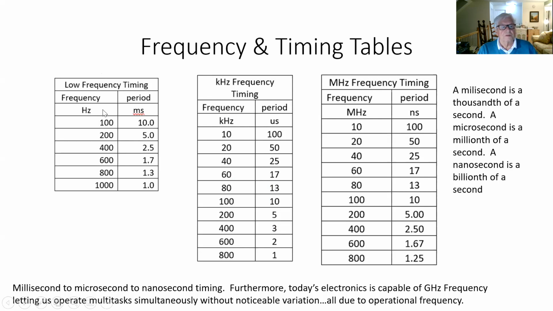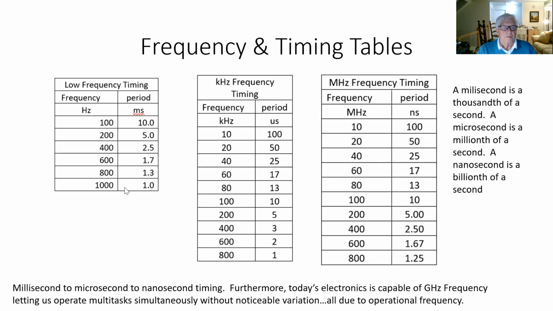Starting with the low frequency stage, we're looking at something in the 100 to 1,000 hertz range, or in other words, 100 cycles per second to 1,000 cycles per second. And the period that goes along with each of those varies from the low end, which is 10 milliseconds, up to 1 millisecond for the 1 kilohertz frequency.